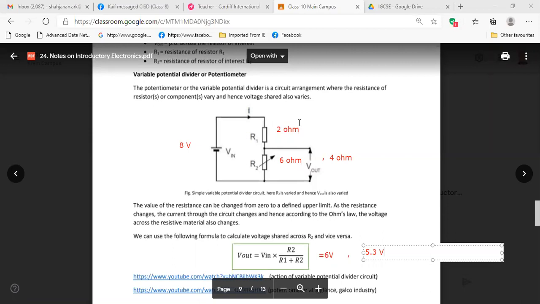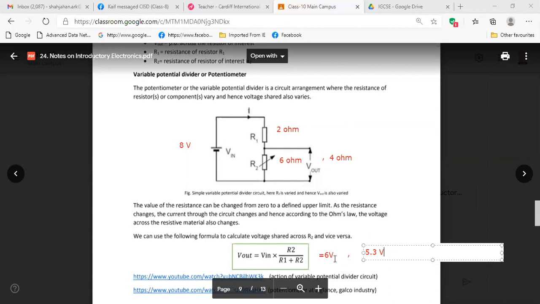Can you calculate? 8 minus 5.3. No, not calculation, it's very simple. You just subtract from the total. Your given voltage is 8 volt. So if you subtract 8 minus 5.3, then you will get it. How much is it? 2.7. Now it's 2.7 volt for R1.